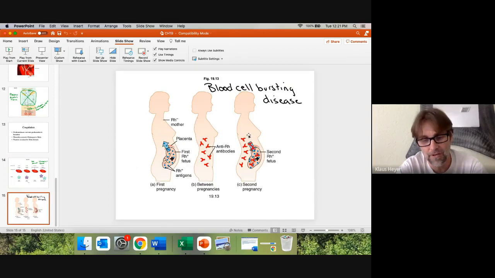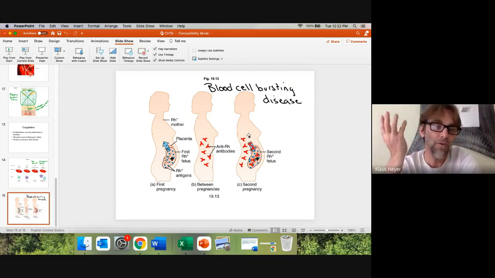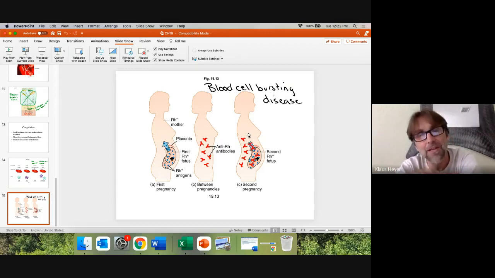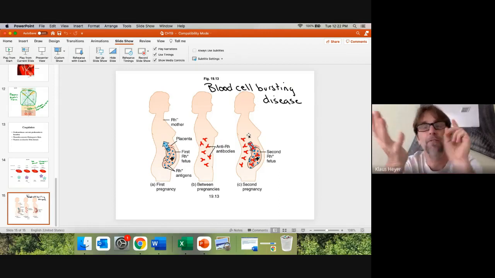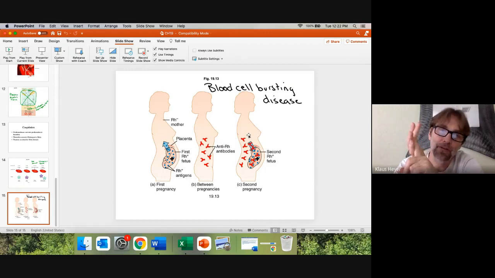Now, this is one example, one disorder or situation that exemplifies this, and that is called hemolytic disease of the newborn. So what happens is that the mother's RH, and this is not about the A and the B, this is about the RH. Mother's negative, father's positive.